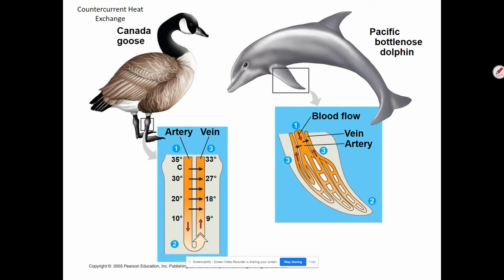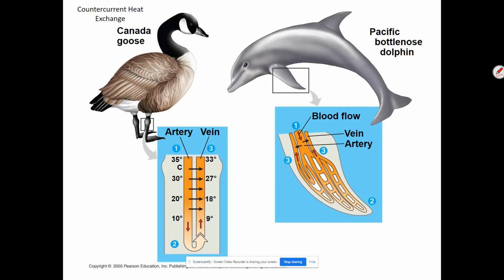One way that animals will stay warm is something called countercurrent heat exchange. And the best way to think about countercurrent heat exchange is, the middle of an animal is warm, the extremities will tend to be colder, and so the blood coming back to the middle is actually colder because it's been out in those extremities. And then the blood going out to the extremities is warmer because it's coming from the middle.